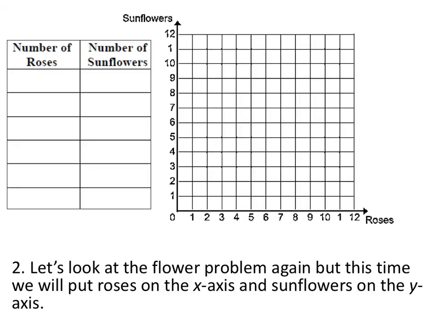All right, look at the flower problem again, but this time put the roses on the x-axis and the sunflowers on the y-axis. In other words, just notice on this graph that the roses and sunflowers have changed where they were. So now the roses are the x's and the sunflowers the y's. But all the ratios should pretty much be the same, just reciprocated.